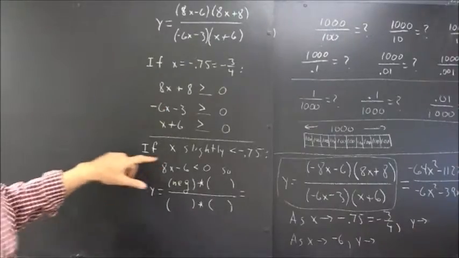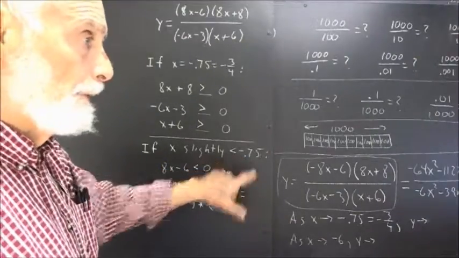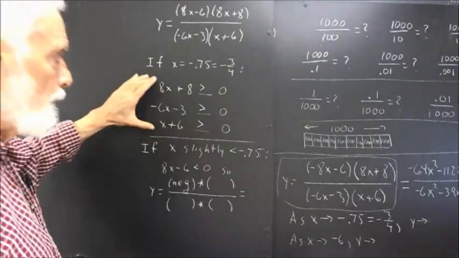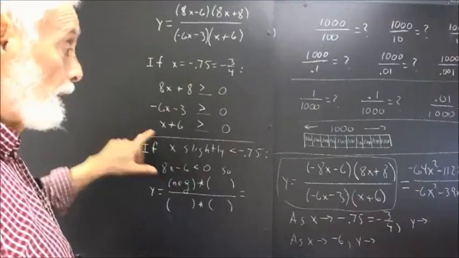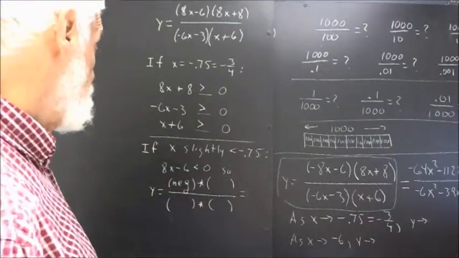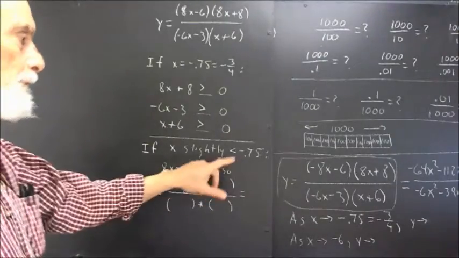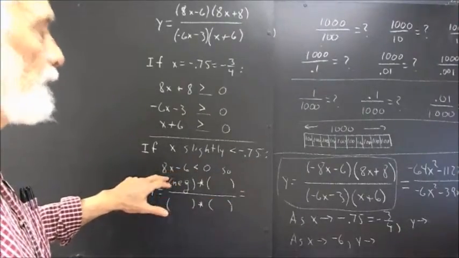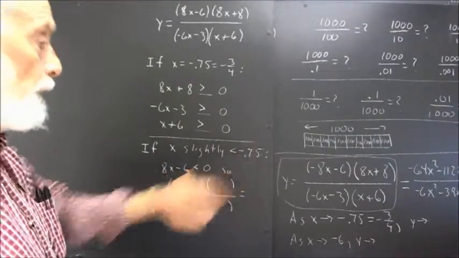Now, if x is slightly less than negative 0.75, well, that's not going to change the signs of these three terms. All these three terms are still going to be positive as long as x is pretty close to negative 0.75 or negative 3/4. But the 8x minus 6, if x is a little less than negative 3/4, well, 8x minus 6 is equal to 0 if x is equal to negative 0.75.